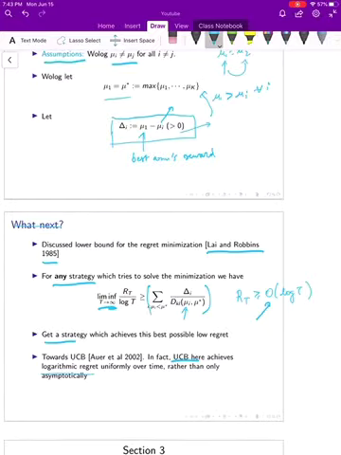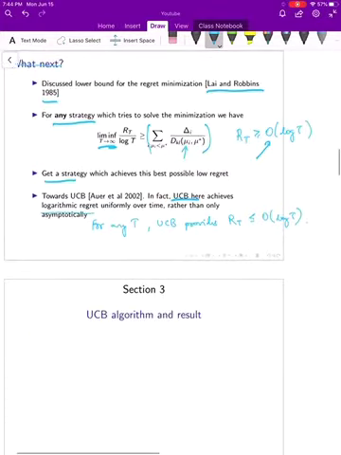That is, it's not an asymptotic result, but for any t, UCB provides R_T less than order of log t. So this is just an informal writing.